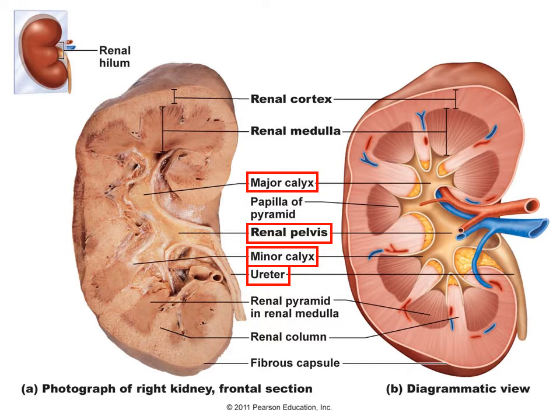All the urine is going to be collecting from all of the different pyramid areas, draining between the columns down into, once again, first the minor calyx, then the major calyx, then the renal pelvis, and then it's going to leave the kidney by the ureter.